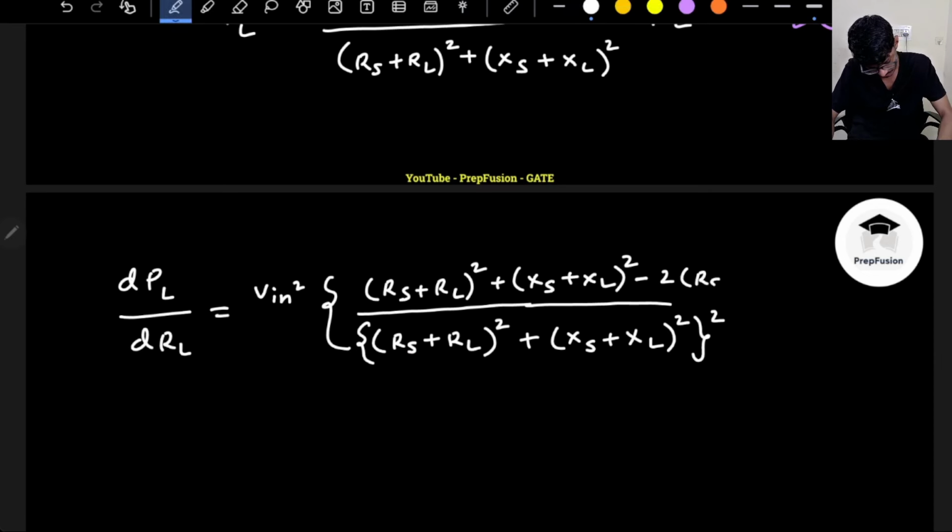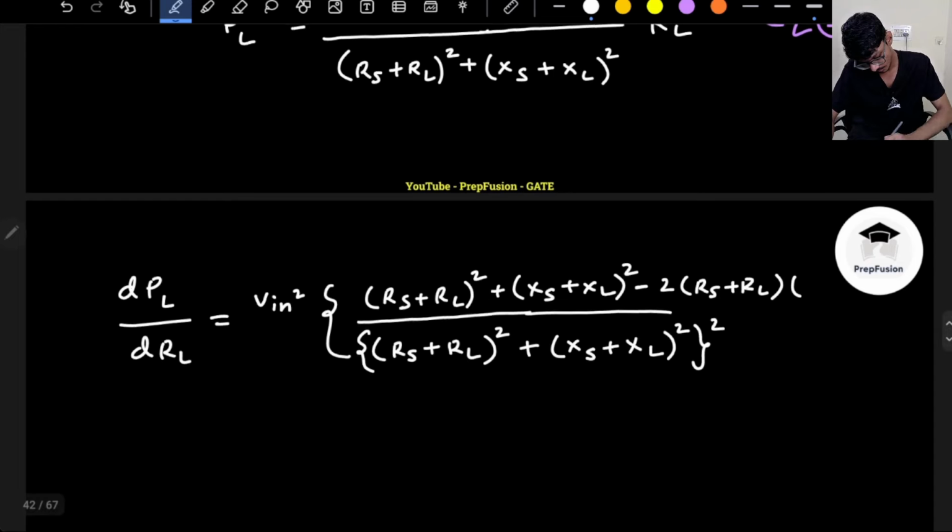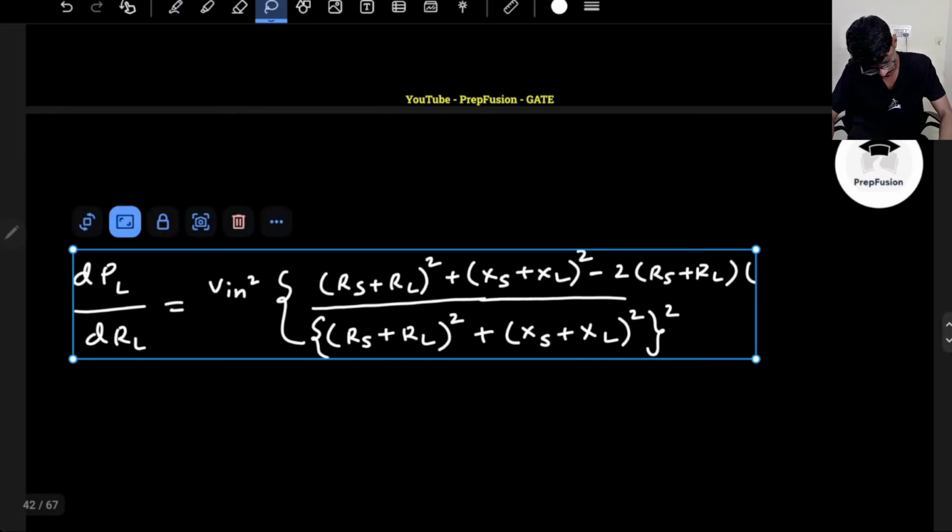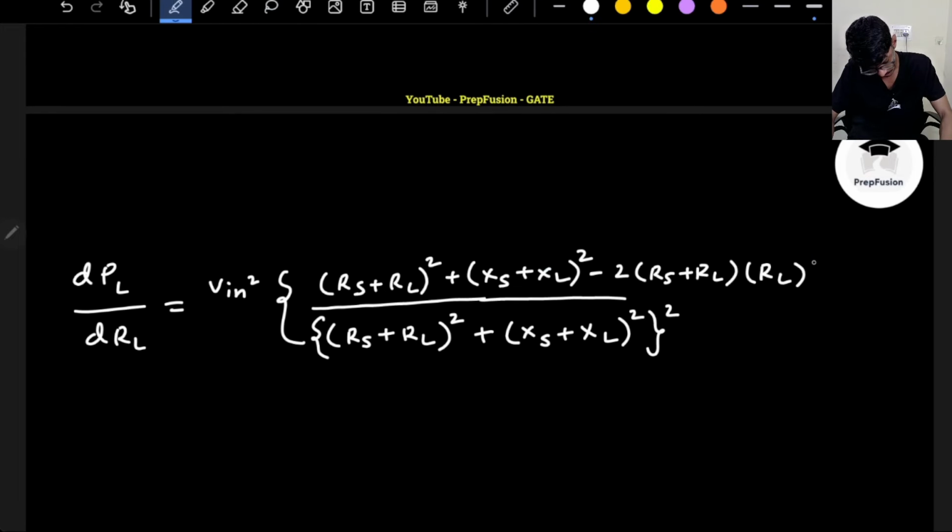So that will not vary, RS plus RL into 1, this will be 1 only, into the numerator, basically numerator is RL only.